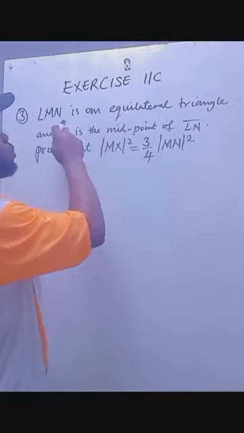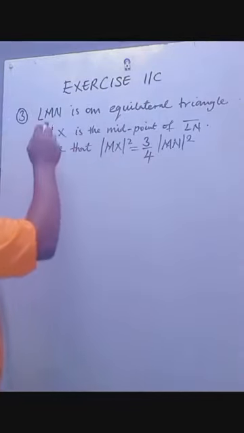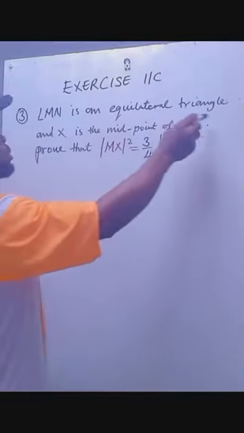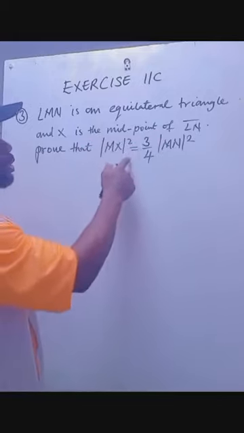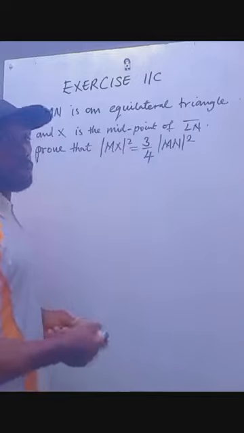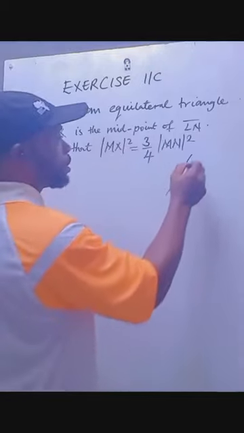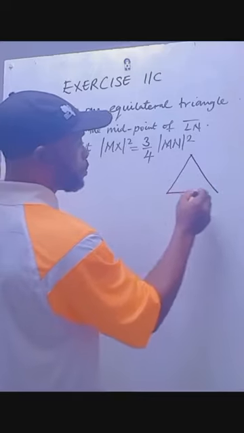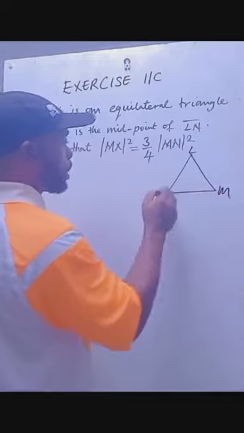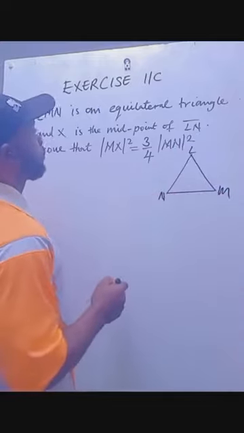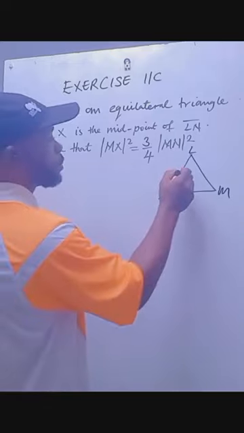Exercise 11C, question number 3. LMN is an equilateral triangle and X is the midpoint of LM. Prove that MX squared is equal to 3 over 4 MN squared. Let this be the diagram of the equilateral triangle. This is L, M, and N. X is the midpoint of LN.